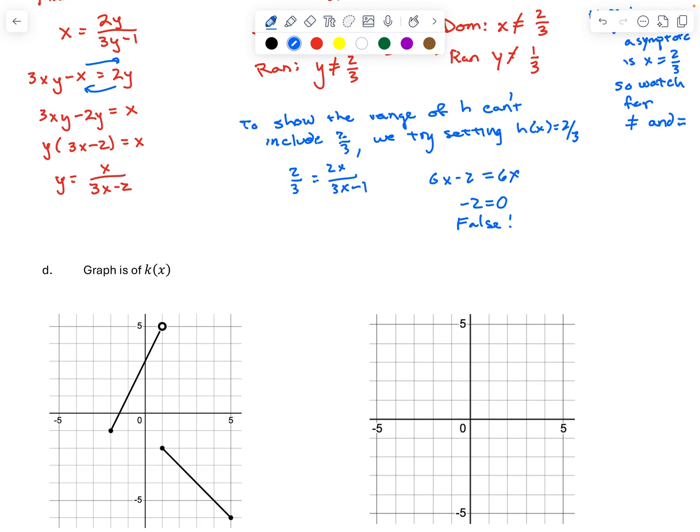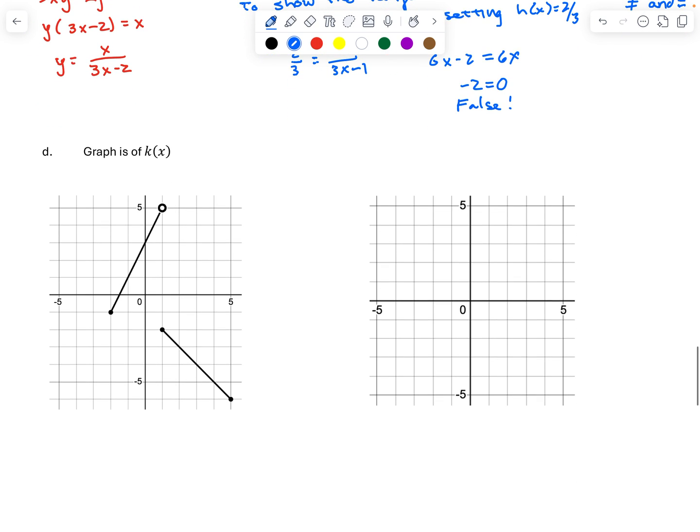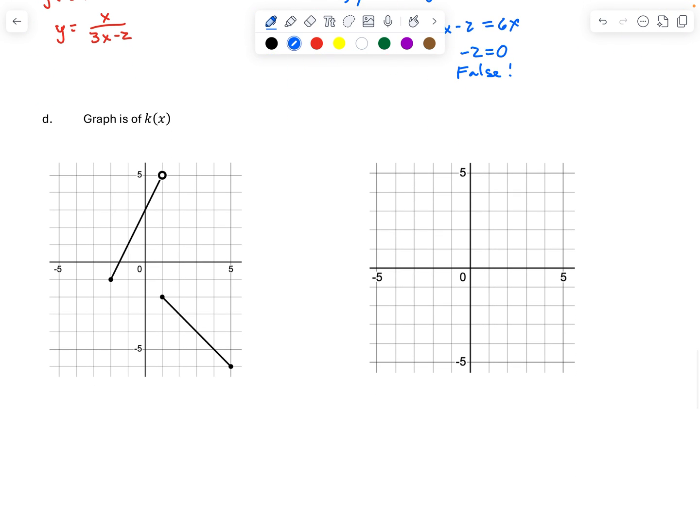All right, let's look at this one. What's the domain? Oops, I really like making them proper colors. So comments in blue and actual answers in red. Domain, let's see, starts at negative 2, goes to 1 but gets filled in, so that's fine, and then gets all the way to 5.